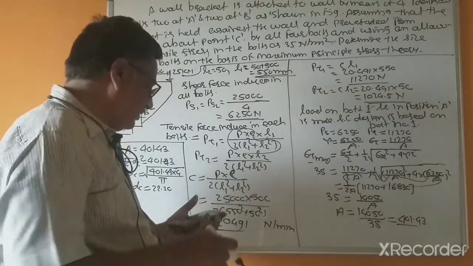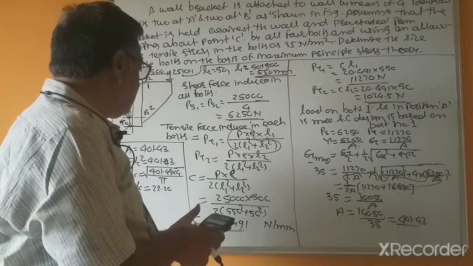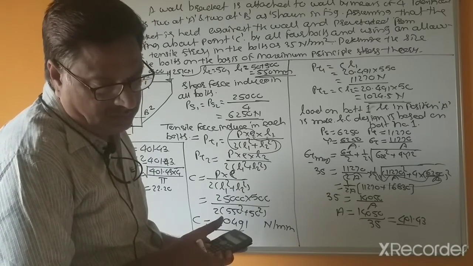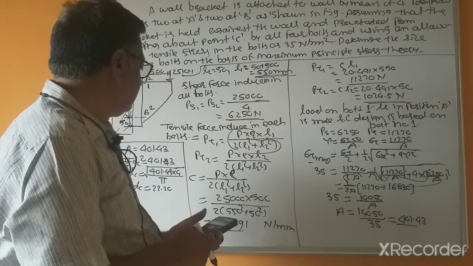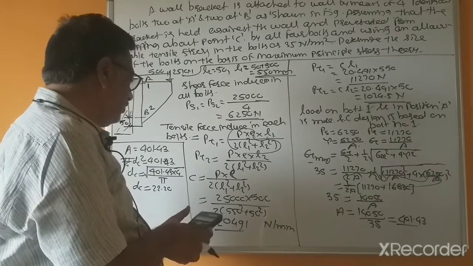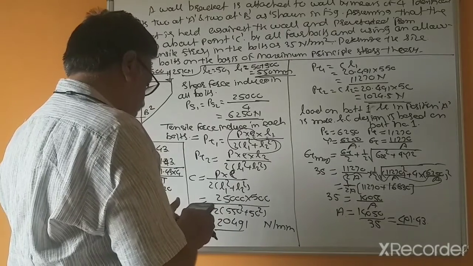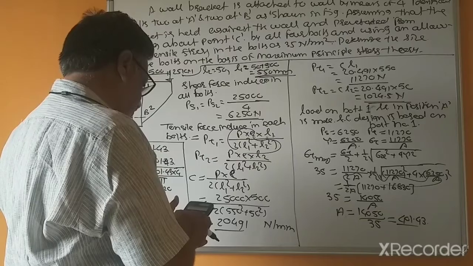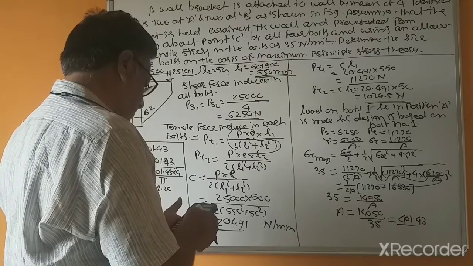I'll check these answers because I am getting different answers. 25,000 multiplied by 500 divided by 2 into (550 square plus 50 square).